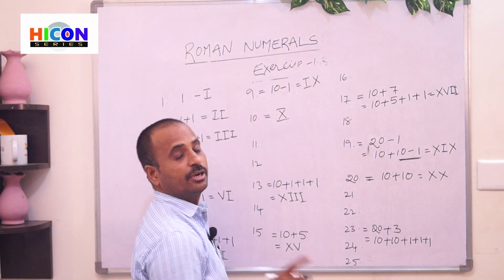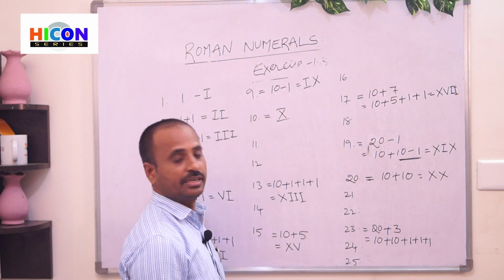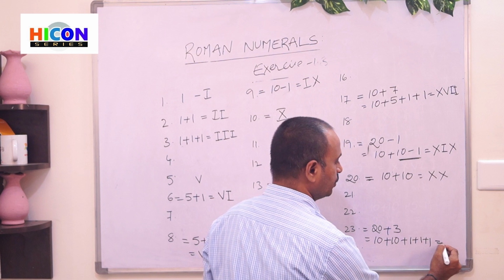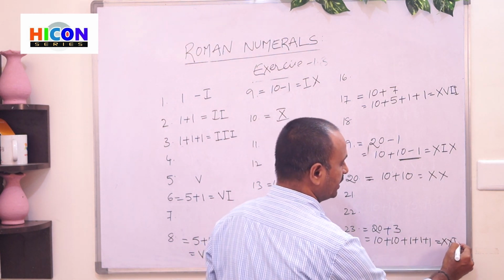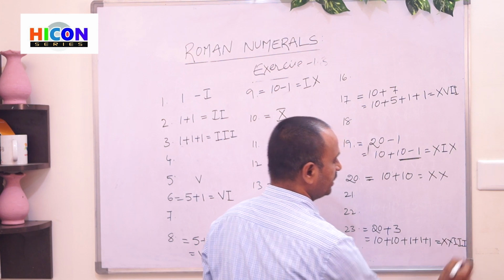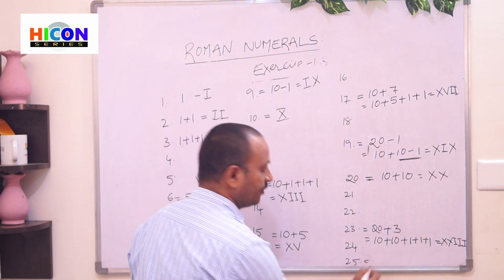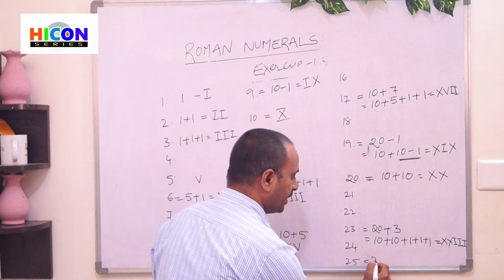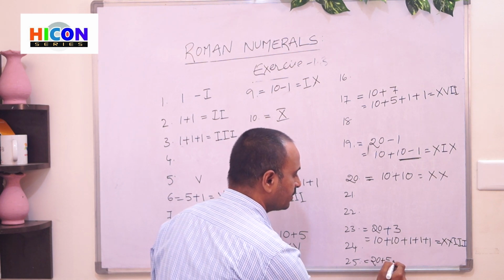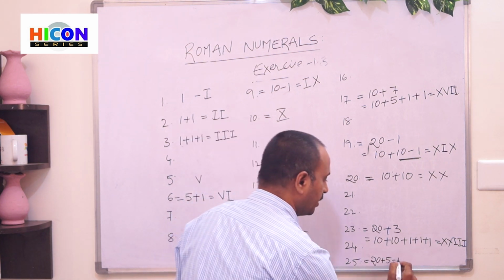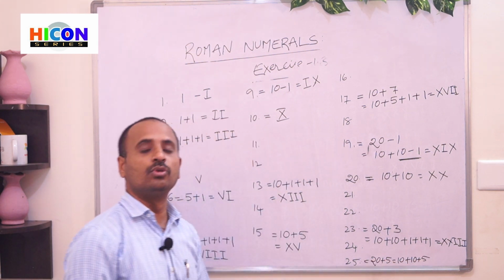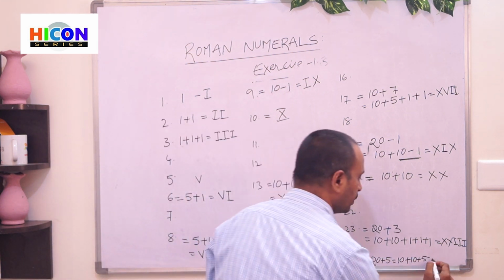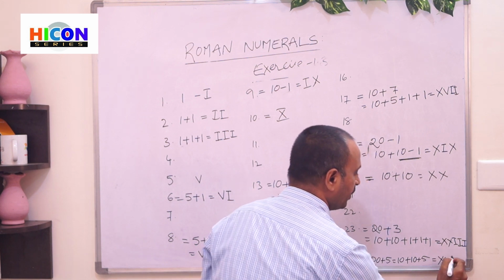So 10 is repeated 2 times, so repeat X 2 times, and 1 is repeated 3 times, so I should be repeated 3 times. In the same way 25. So 25 can be written as 20 plus 5. So 20 means 10 plus 10 plus 5. So 10 is repeated 2 times, so repeat X 2 times, X X, 5 means V.